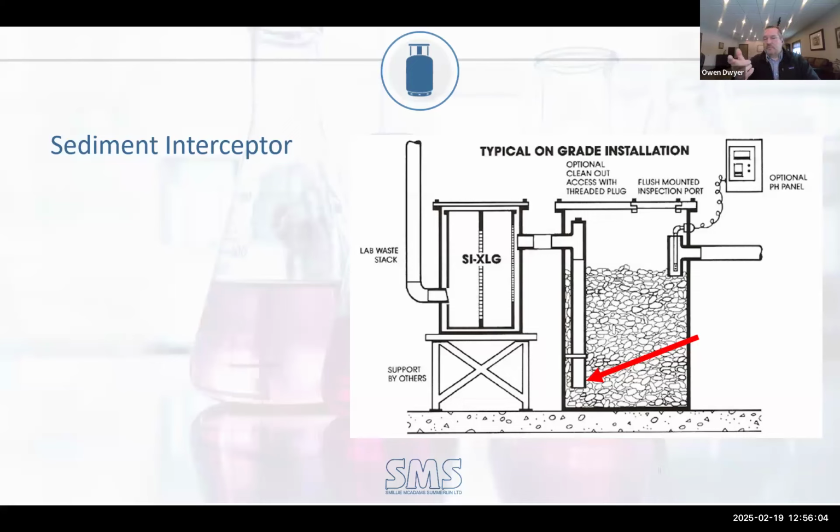If that dip tube gets plugged, it's surrounded by, let's say, 1,000, 1,500, 2,000 pounds of calcium carbonate aggregate, and there's no way of accessing that unless you specify a clean out at the top of that dip tube. I want to have an interceptor up front of it on a stand that's collecting all of this debris.